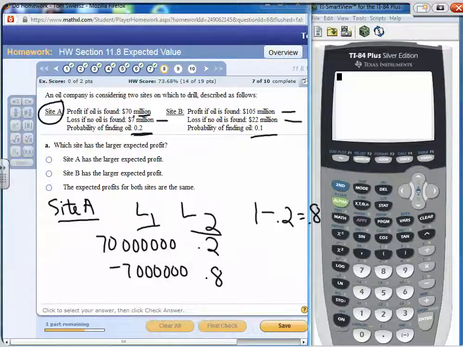So we'll go ahead and put in these numbers. You can put them in L1, L2, or you can just multiply each outcome times its probability.